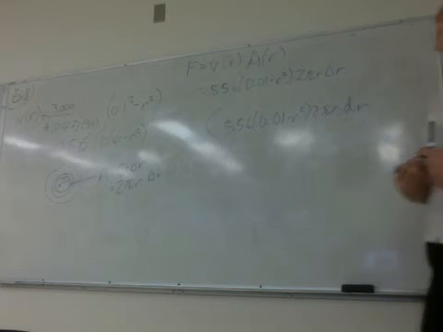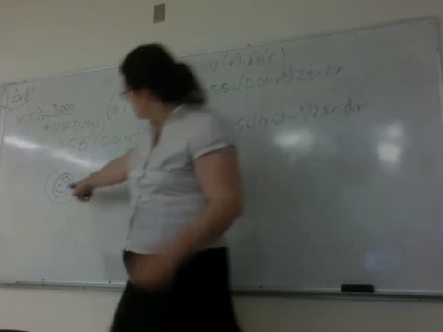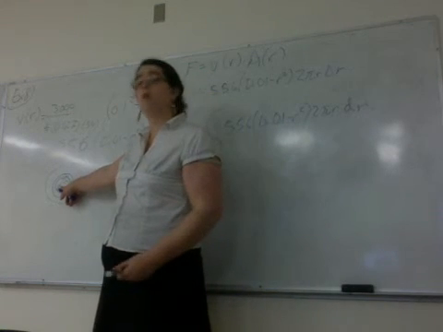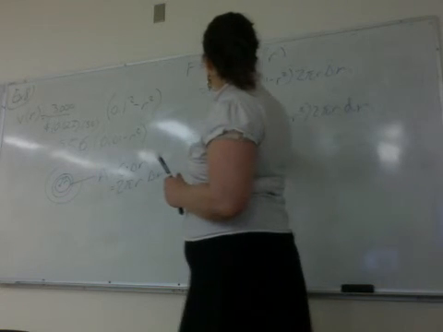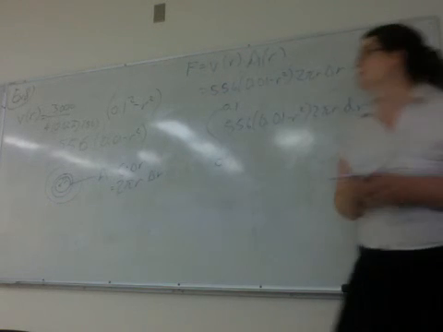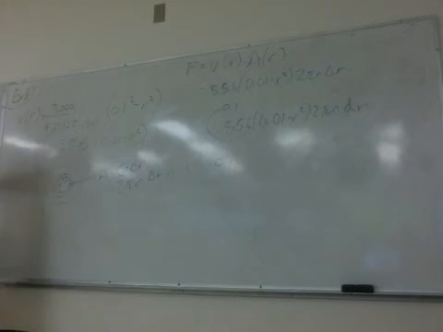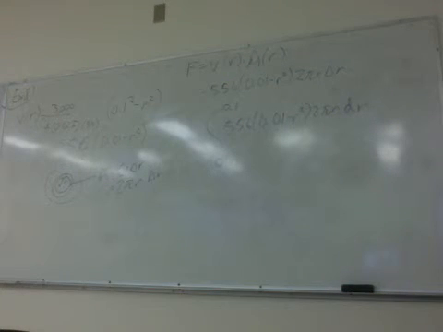And the limits of integration here, well, we're going to start in the middle of the blood vessel when r is 0. We're going to stop at the edge. Now, the edge is going to be when r is 0.1. And that's because capital R here represents how big the blood vessel is, which is 0.1.